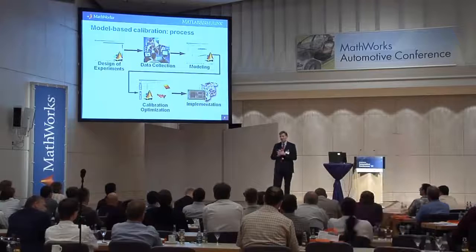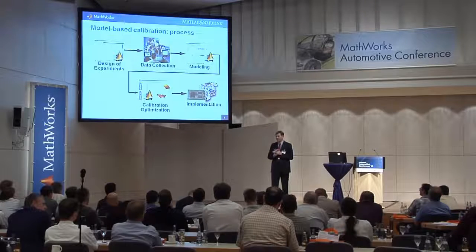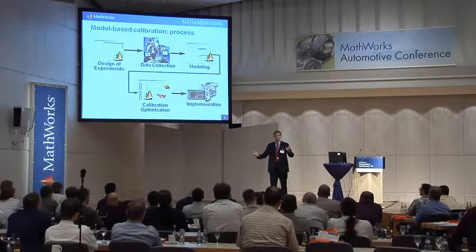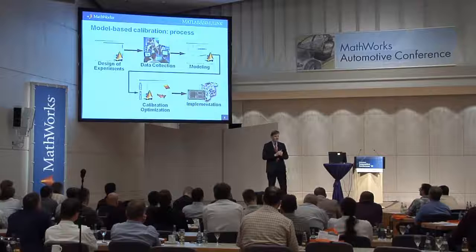So every time I'm talking about modeling in this next 20 minutes, I'm talking about taking data and identifying effectively surfaces to capture the responses I'm interested in. Might be torque, might be temperature, might be certain emissions levels and so on, as a function of the inputs, whether they be from the driver, speed, load, or whether they be from some actuators, cams, EGR, and so on.